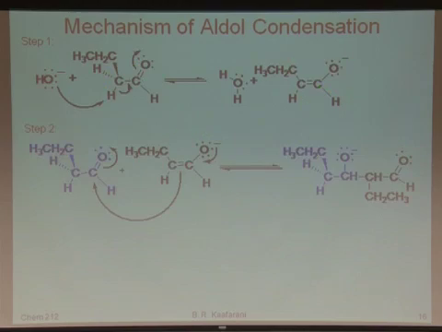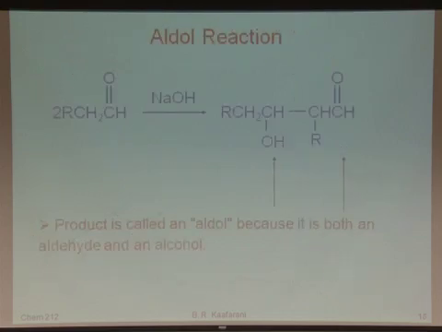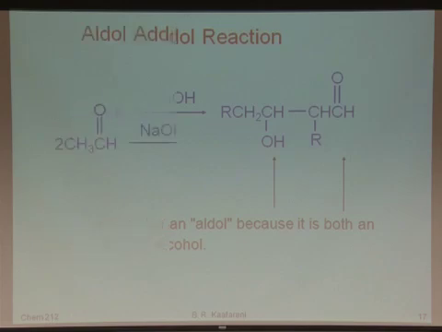And then the enolate is going to attack my aldehyde, and I will get the conjugate base of my aldol product. And then the conjugate base is going to pick up a proton from water, and that will get me my aldol product. It's called aldol because I have the aldehydic group and I have the hydroxyl group.